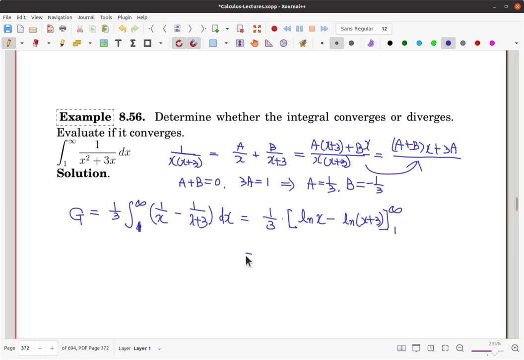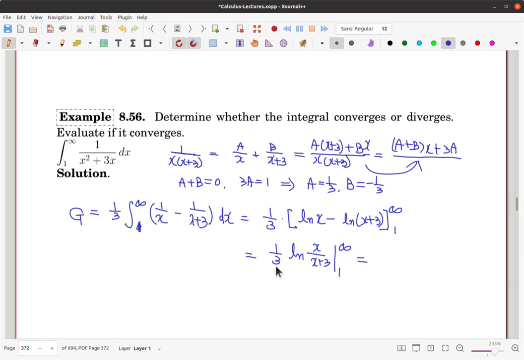Now we reorganize this: 1/3 of logarithm of x over (x plus 3), from 1 to infinity.